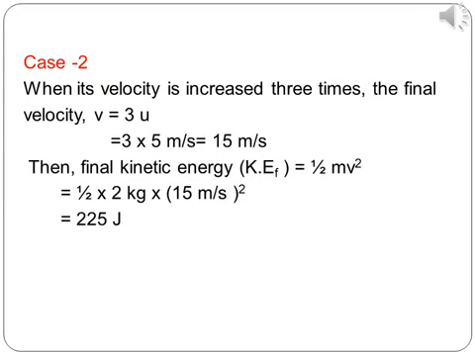Then final kinetic energy KEF is equal to 1 by 2 mv square. By substituting the values of m and v, we get KEF is equal to 1 by 2 into 2 kilogram into 15 meter per second whole square is equal to 225 joules.